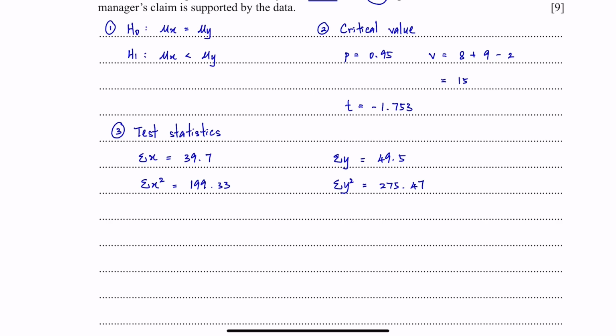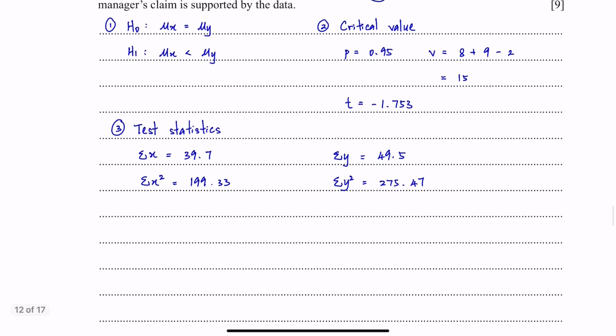Okay, so now we need to find the mean of x and the mean of y. So the mean of x would be 39.7 divided by the number of samples for x, which is 8.